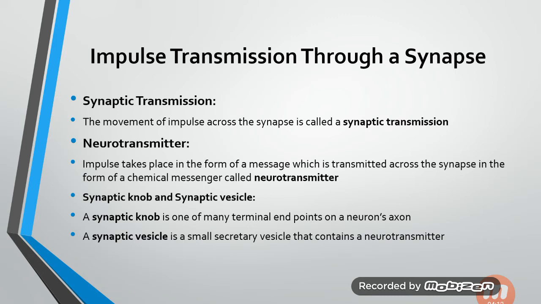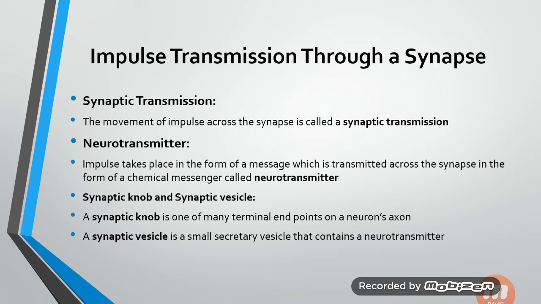Synaptic knobs and synaptic vesicles, these are the specialized structures. The typical one-way transmission from one axon to a dendrite or cell body is due to the fact that axons usually have several rounded synaptic knobs at their distal ends, which are not present at the dendrites.